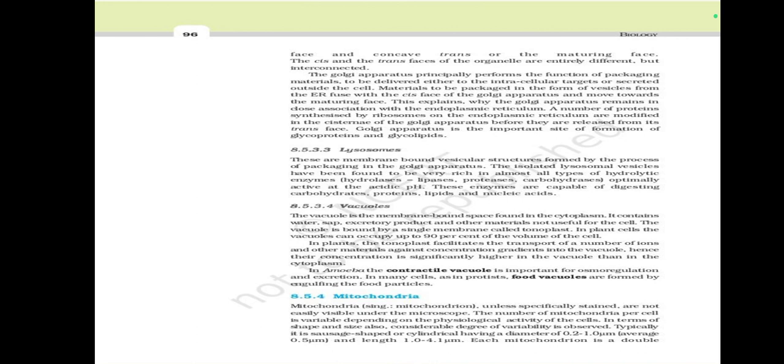Mitochondria (singular: mitochondrion), unless specifically stained, are not easily visible under the microscope. The number of mitochondria per cell is variable depending on the physiological activity of the cells.